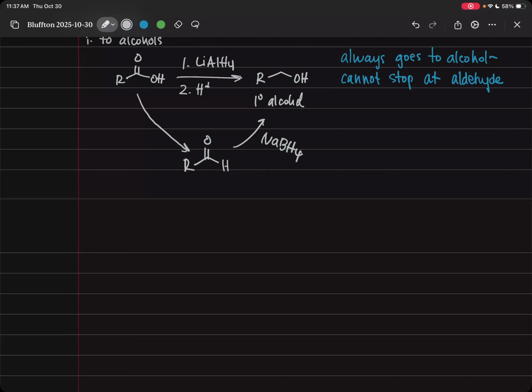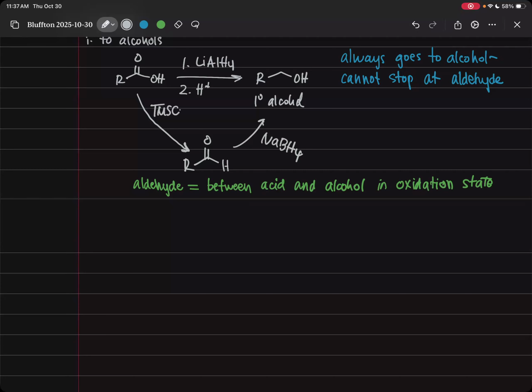But to get just to the aldehyde, which is an intermediate oxidation state between the acid and the alcohol, the reagents for that are kind of funny and weird looking.